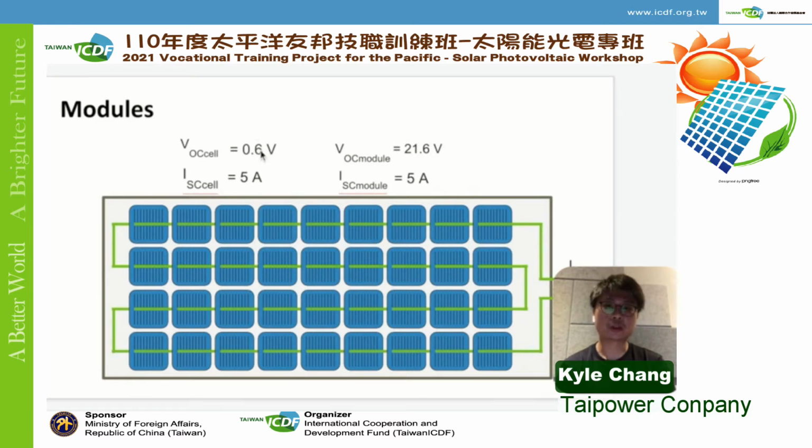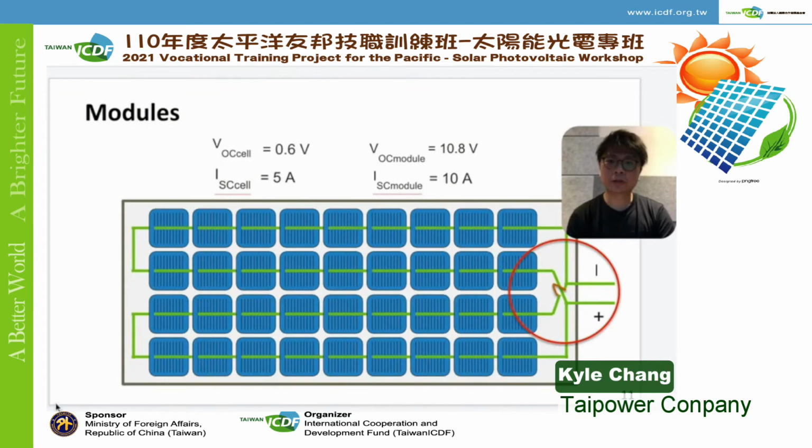Let's assume the voltage is 0.6, multiplied by the number of cells, 36. This gives our total open circuit voltage of 21.6. Then the overall module short circuit current is 5 ampere.